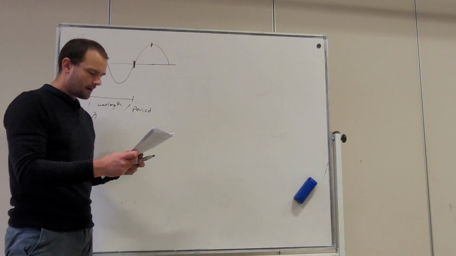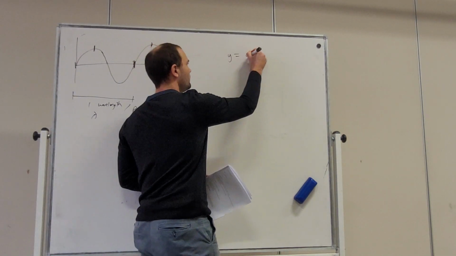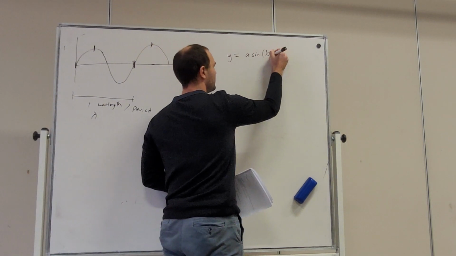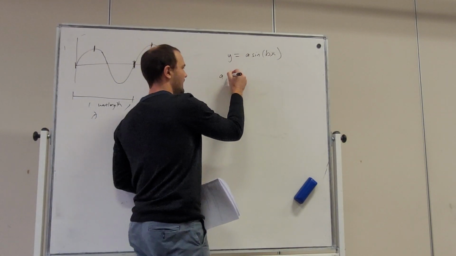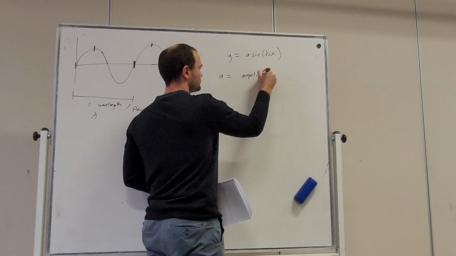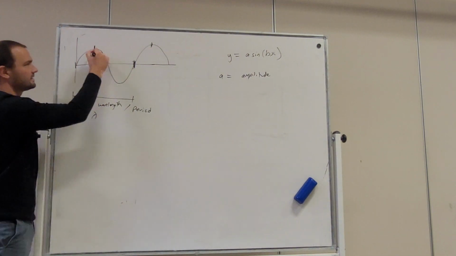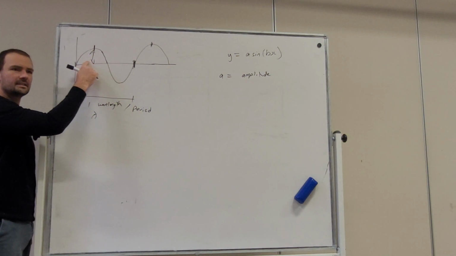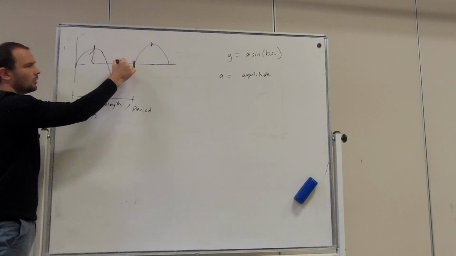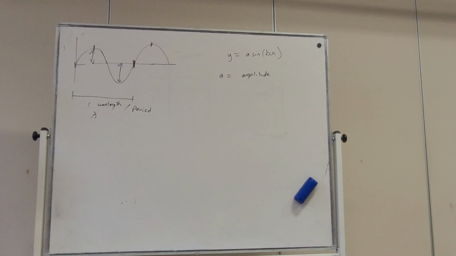Okay, and then if we have the function of this form, a sine b of x, all right, the amplitude is a, and the amplitude is this distance here, right? It's the distance from the principal axis to a peak or the principal axis to a trough, all right?